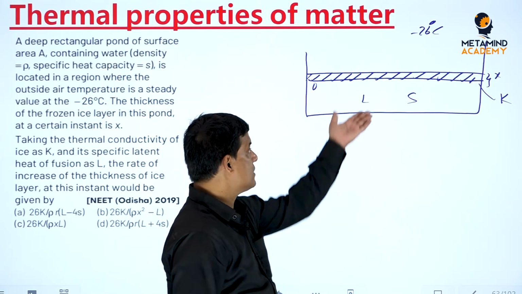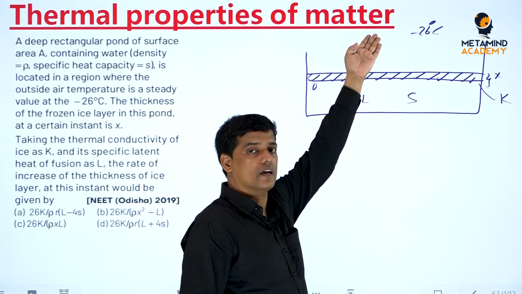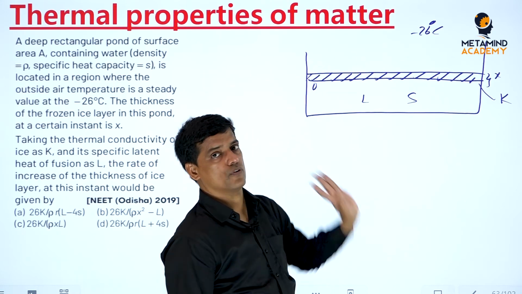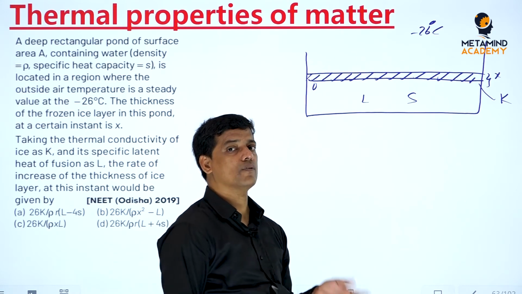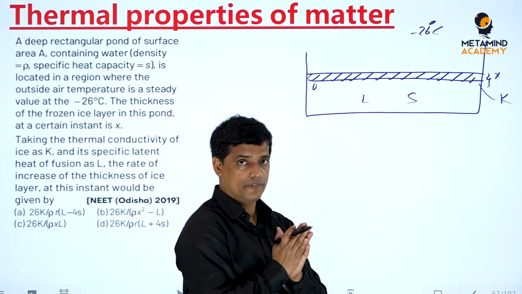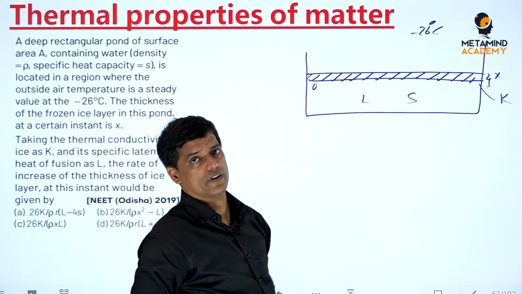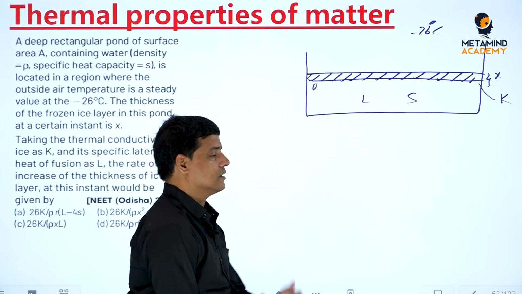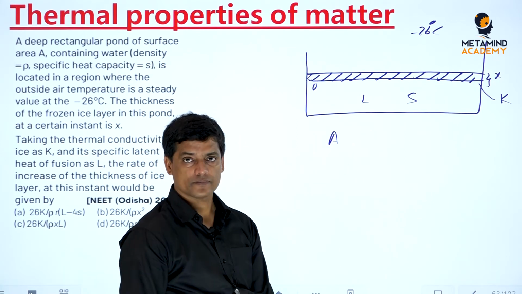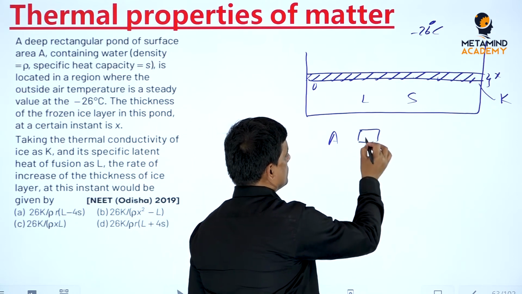The rate at which heat is flowing out of this pond into the atmosphere will decide at what rate the ice will be forming over here. Now, for ice forming, what is required is latent heat of cooling, right? So, that latent heat of ice is also given to you, right? So, it means now this pond has got an area A, right, and this has got a thickness x.